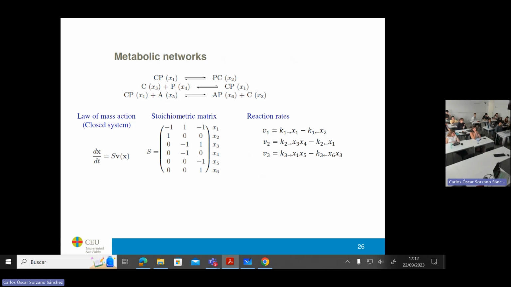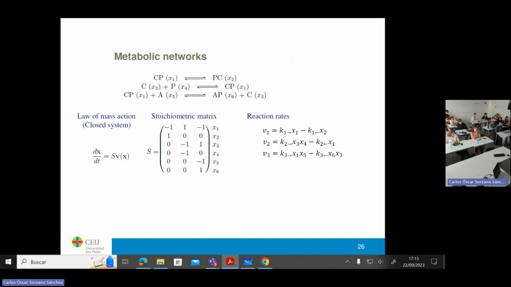And it will happen at two different rates. So the conversion of CP into PC is at rate K1 to the right, and PC to CP is K1 to the left. So these are just two numbers, and the rate depends on the concentration of X1 and X2. X2 is PC. Okay, and the same for CP for the second equation.